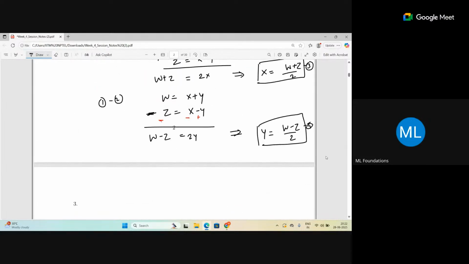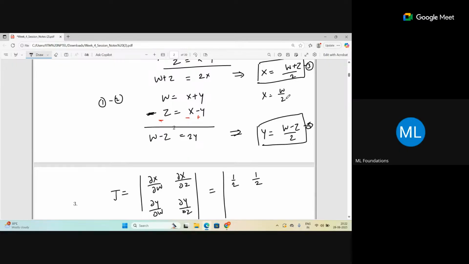So the Jacobian will be the matrix of del x by del w, del x by del z, del y by del w, and del y by del z. Looking at equation 3, del x by del w is half. Del x by del z is again half. Here x can be written as w by 2 plus z by 2, and y can be written as w by 2 minus z by 2.